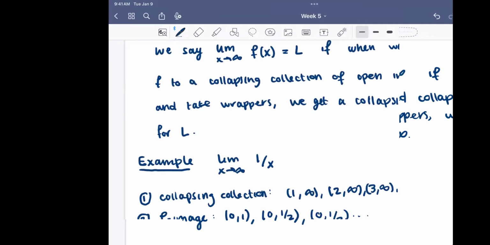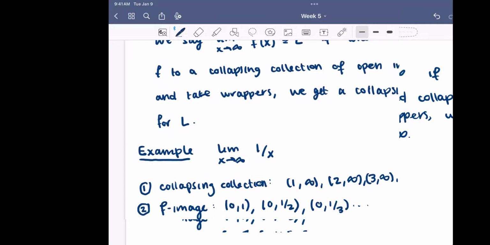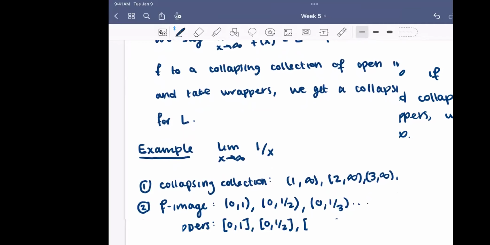Since these are each an open interval, we just change the open brackets to closed brackets. So we get 0 to 1 closed, 0 to 1/2, 0 to 1/3, and so on. And of course, these are a collapsing collection.